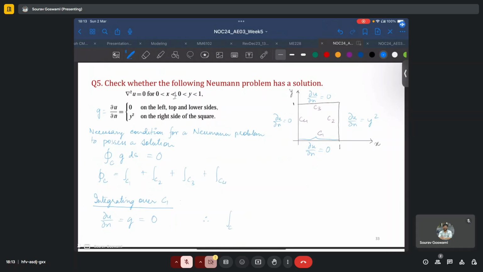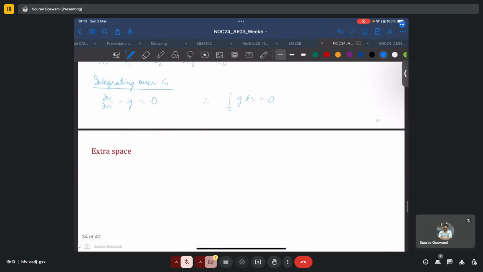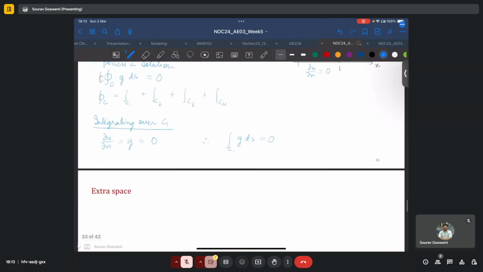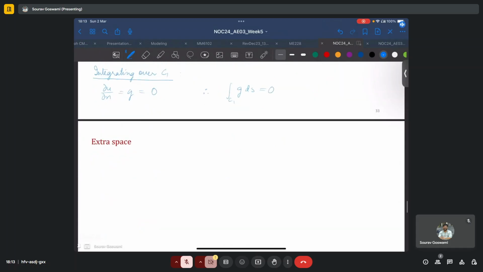Therefore, the integral over C1 of g ds is also 0. With this, you would see how breaking up the domain into the following curves made it easier. Now, let us do it over the curve C2.